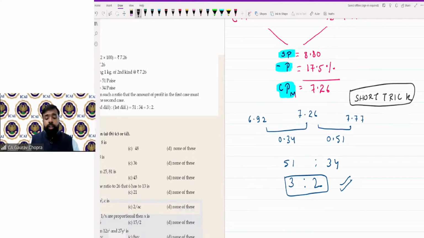So the difference of 6.92 and 7.26 is 0.34, and the difference of 7.26 and 7.77 is 0.51. The next step is to apply invert tendo. Always, this is a fixed rule. So you have to inverse the ratio. As you inverse it, it is 51:34, and then we simplify the ratio and get 3:2. Okay.